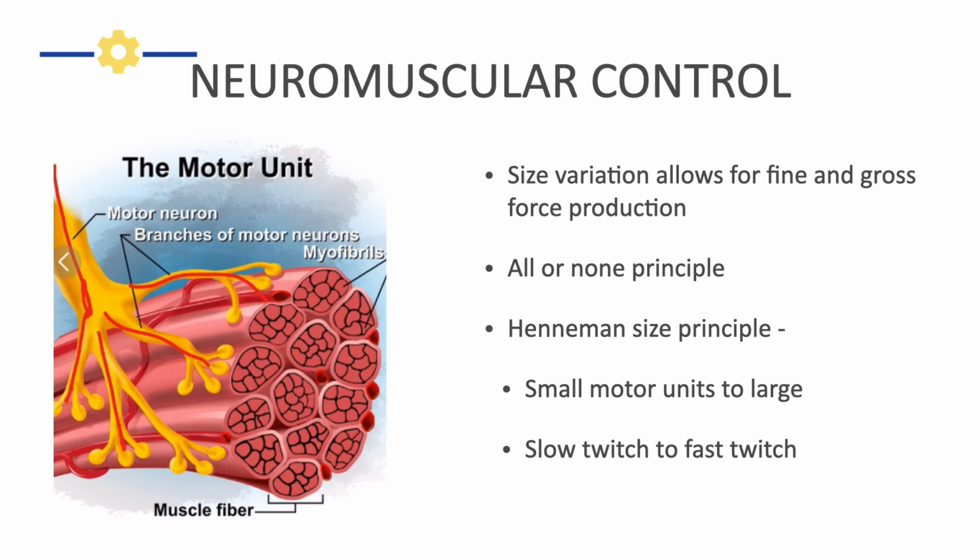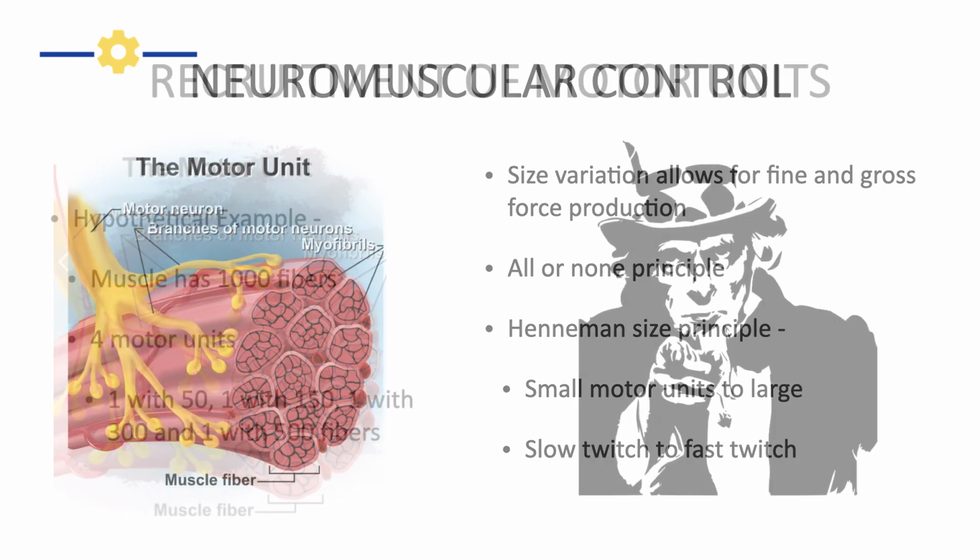You also tend to recruit motor units that include slow twitch fibers first, and then fast twitch fibers later, and we'll talk more about slow and fast twitch fibers later in this presentation. But again, motor units are a way for us to grade or control the amount of force produced by a particular muscle. And this is how we recruit different size motor units.